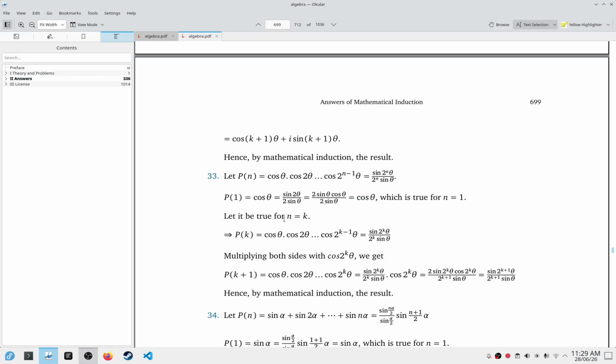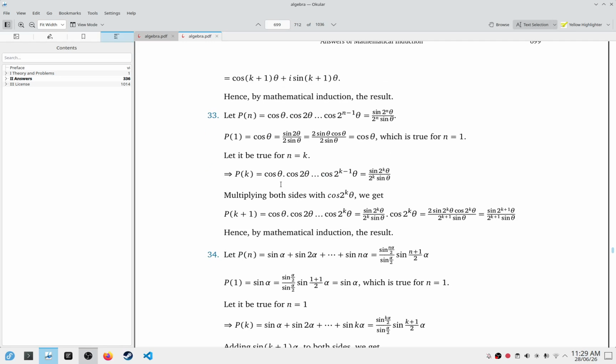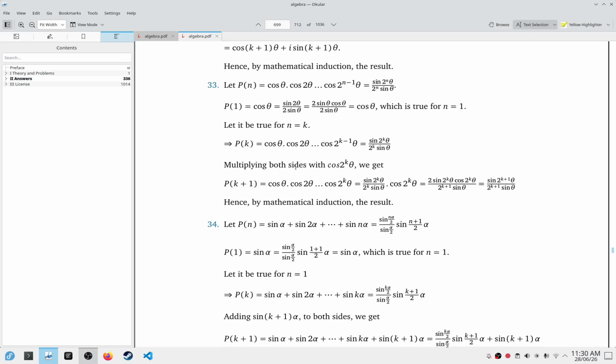So clearly this is true for n equal to 1. Let it be true for n equal to k. So we have cos theta times cos 2 theta up to cos 2 raised to the power k minus 1 theta is equal to sin 2 raised to the power k theta divided by 2 to the power k sin theta. Now we multiply both sides by cos 2 raised to the power k theta.